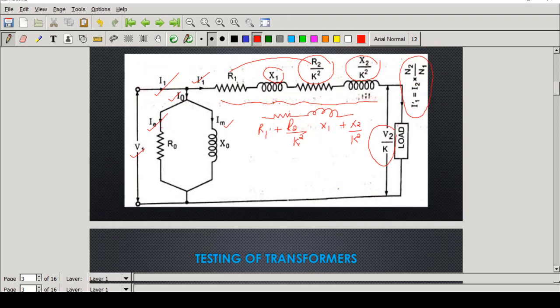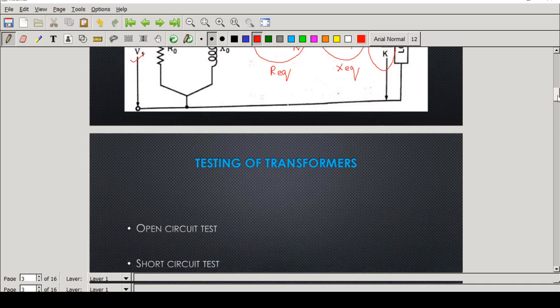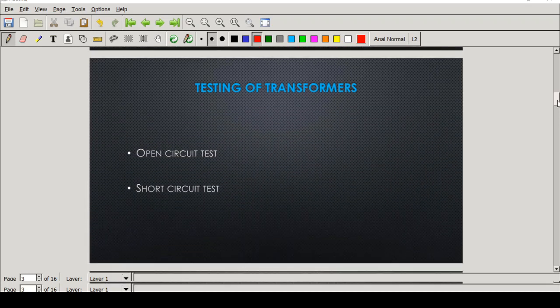That is, we have to find I0, then we have to find IE, we have to find R0, X0, then R1, or this one you can write it as R equivalent resistance, which includes the resistance of both primary and secondary. And also this one you can write it as X equivalent, that is the reactance of both primary as well as the secondary.